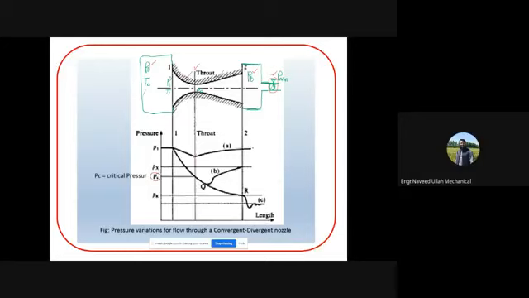So this first case, our case A, is sort of the Venturi effect, which you have studied in fluid mechanics, right? This is the Venturi effect: in the convergent side of the CD nozzle, the pressure drops till this throat, and the fluid is accelerated, and we have maximum velocity at the throat. But it is not necessary that the maximum velocity is the sonic velocity in this first case. And then after that, the fluid is decelerated, the velocity is decreased and the pressure is increased, right?